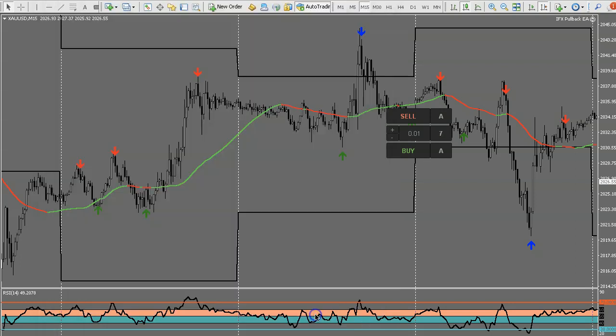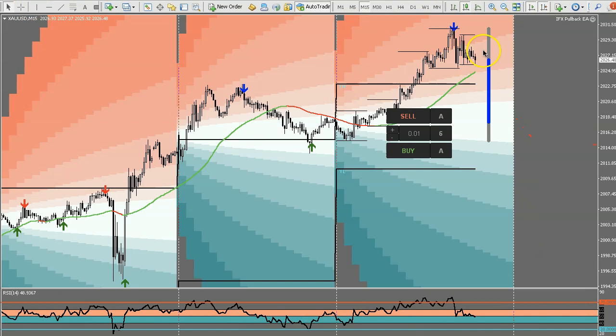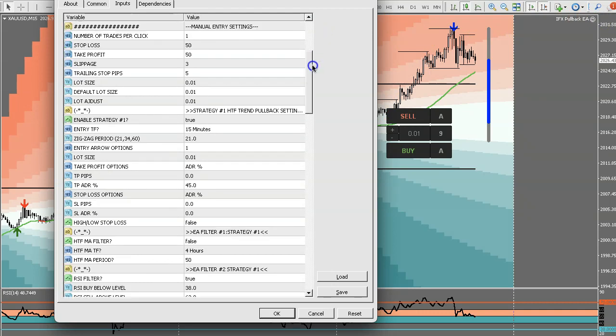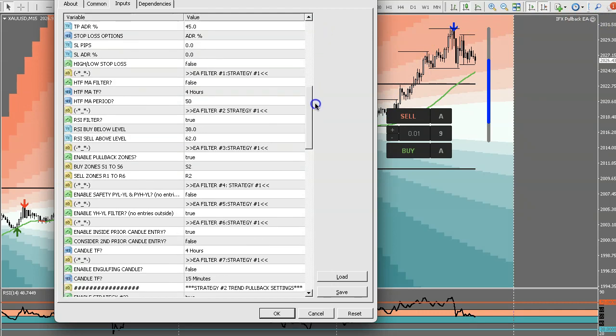So again, this is very simple, right? We want the entry to happen inside the prior candle, or we also want to consider second prior candles to make that entry. So if it's inside either one, then it's going to trigger an entry, okay? And then that's pretty much it.